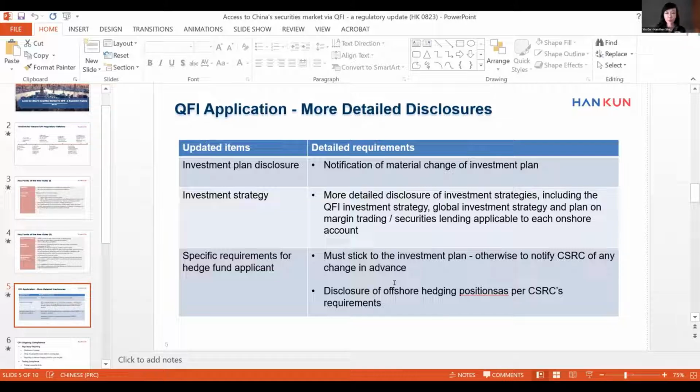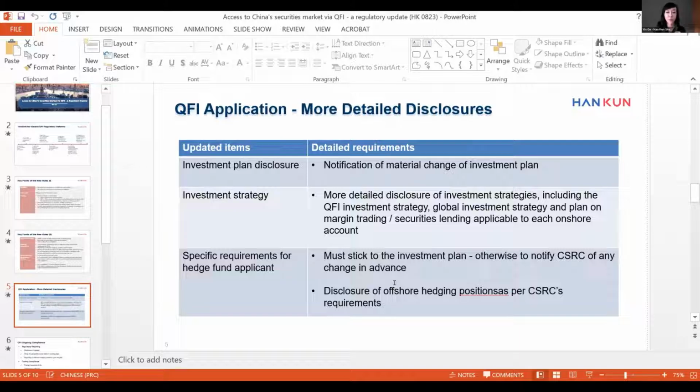Although the investment plan requirement is not a new one, there is a new express requirement that the QFIs need to stick to their investment plans that were submitted to the regulators for the application purpose. Otherwise, they need to notify the PRC regulators in advance.